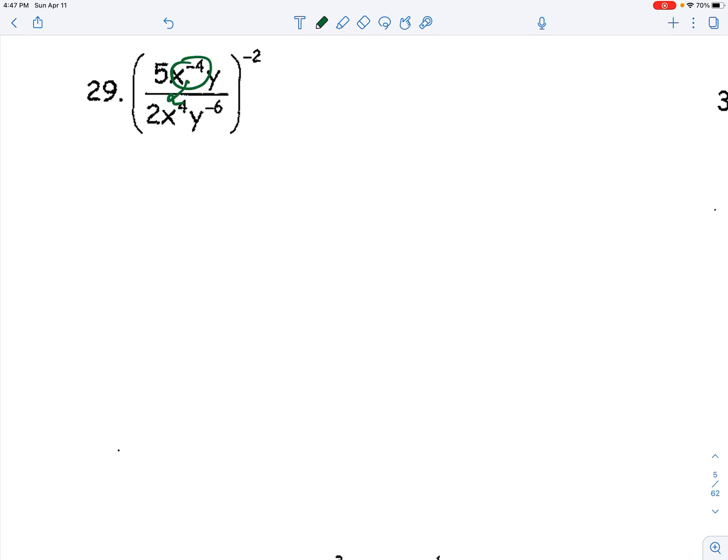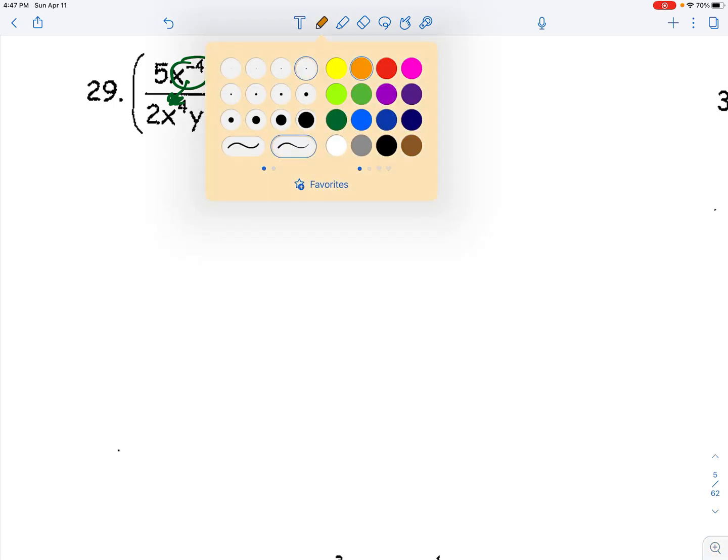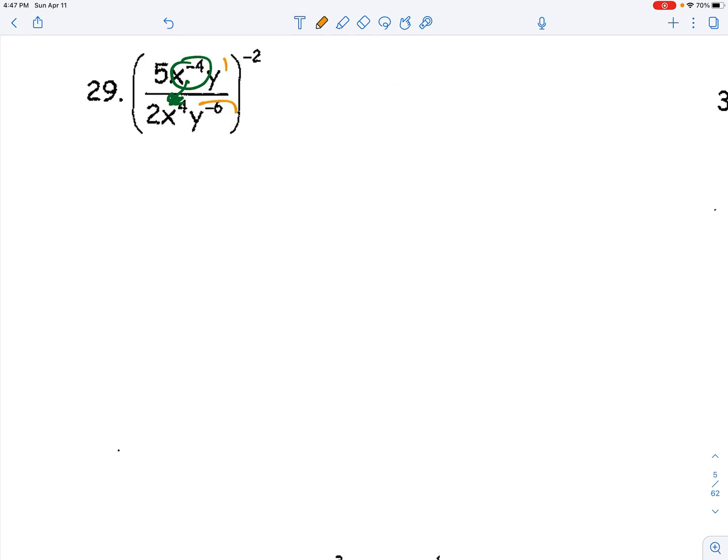So what am I going to do? I might clean up the inside first. Take this x to the -4, bring it downstairs, have it join that other x to the 4th.